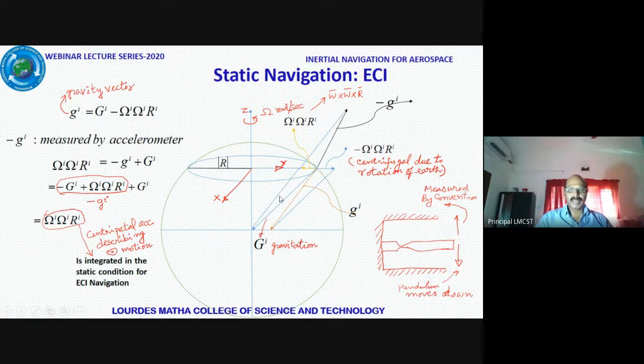So for that, let us take this measured vector, this black line, and vector sum it to the capital GI, which is the gravitation acceleration vector, and the vector sum of this and this will be pointing in this direction. The magnitude is the same as this, but the negative sign will be removed.